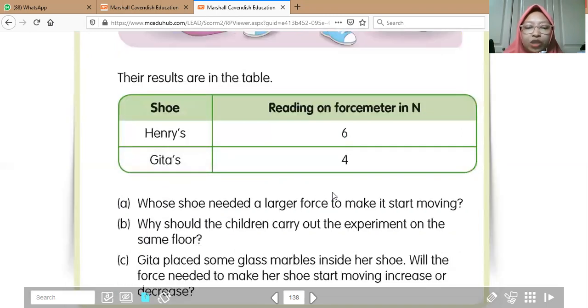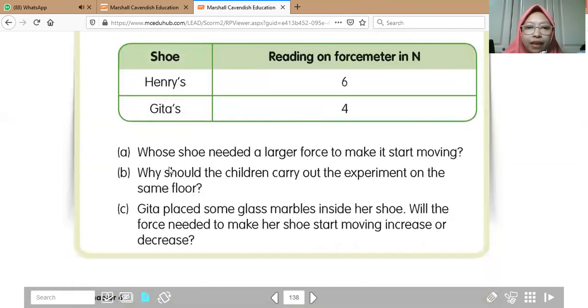And then for the question, part A: based on the result from the investigation of Henry and Gita, whose shoe needed a larger force to make it start moving? Whose shoe needed a larger force? So you can choose.